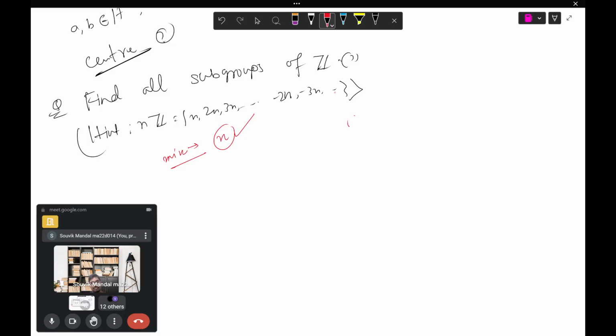Yes, but how to show that it will be exactly from nZ? That is, how to check that every element of that subgroup will be a multiple of n. We're almost there, just one step left. You need to show that any element is actually a multiple of n, so just use some kind of divisibility argument.